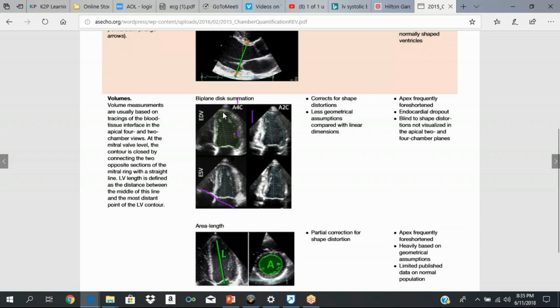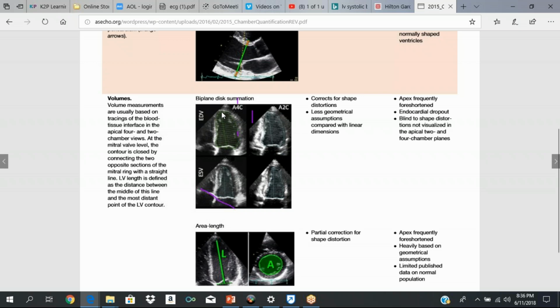What a computer does is divide the cavity into very small discs, calculate the volume for each disc, and then combine them.